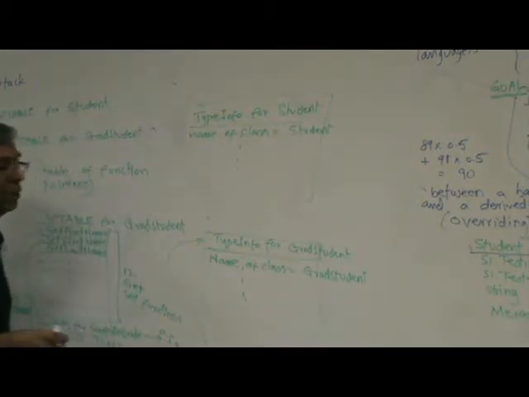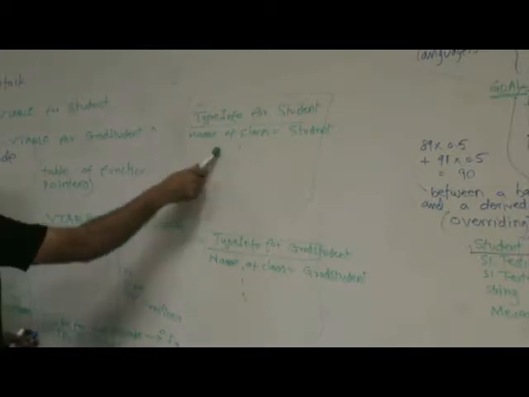Then further, as I mentioned briefly in the last lecture, there's a lot of additional information put over here. For example, how many fields it has, how many methods it has, what is the name of each method, what is the name of each property. If there's a method, for example compute grade, what data type does it return? For example, it returns a string.